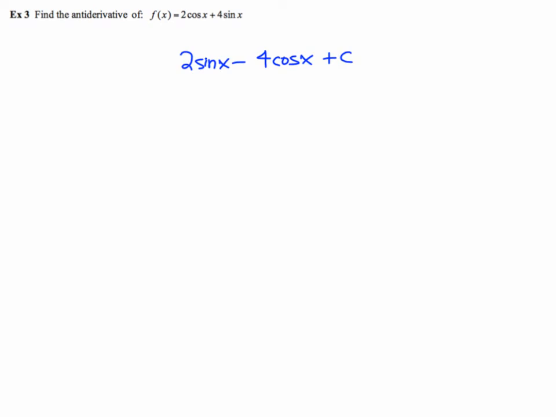So the antiderivative becomes 2 sine x minus 4 cosine x plus c, the constant. And that's it. You just have to go in reverse. The antiderivative of cosine is sine, and the antiderivative of sine is negative cosine x. So you apply that to the question.